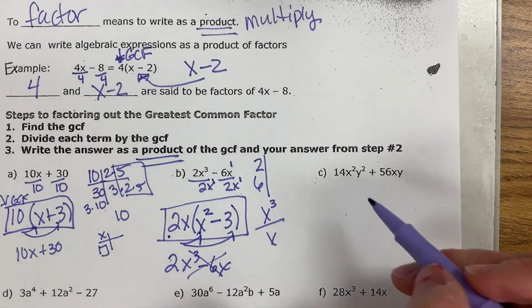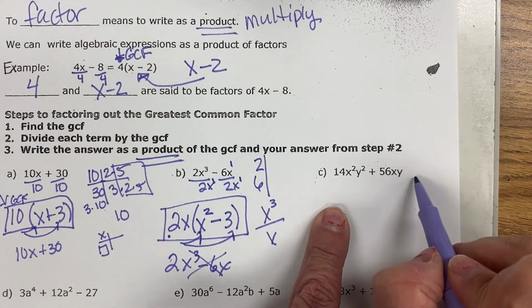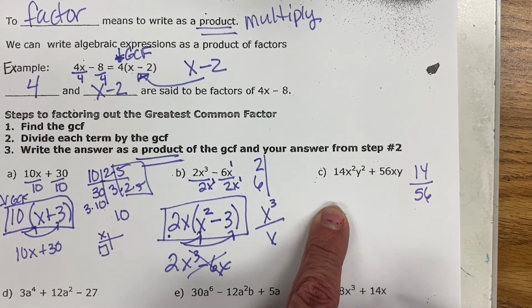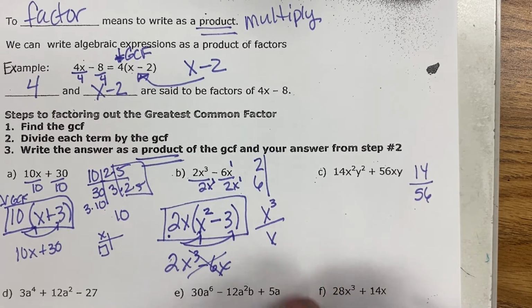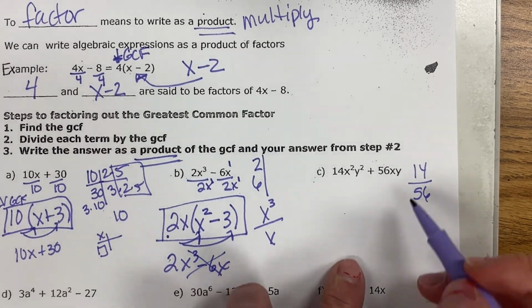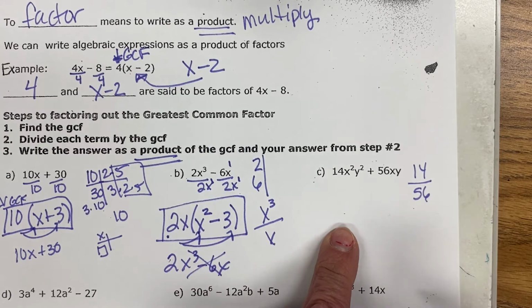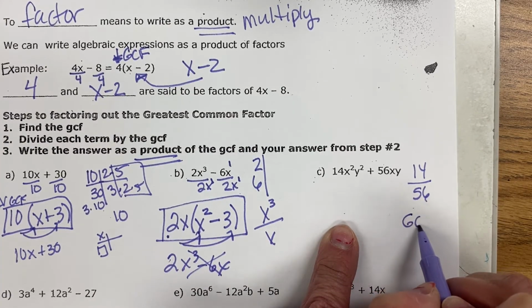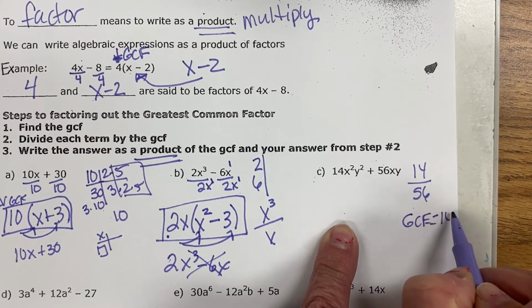On letter C, I have to find the GCF between 14 and 56. Greatest common factor between 14 and 56 should be 14. So my GCF is going to be 14.